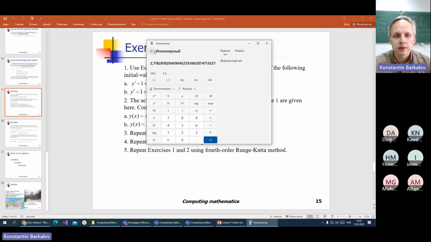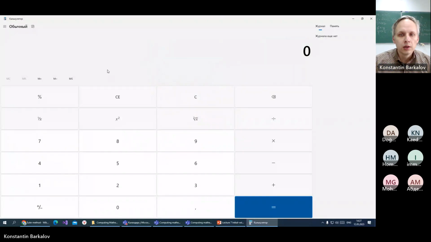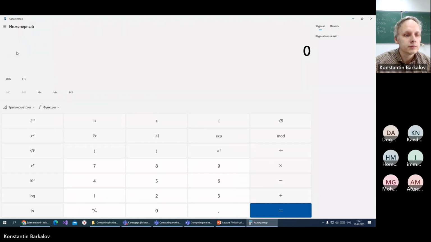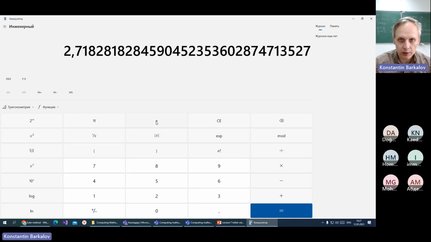Where is the exponential function? e power x, right?